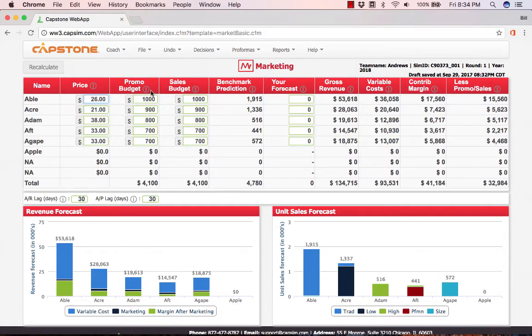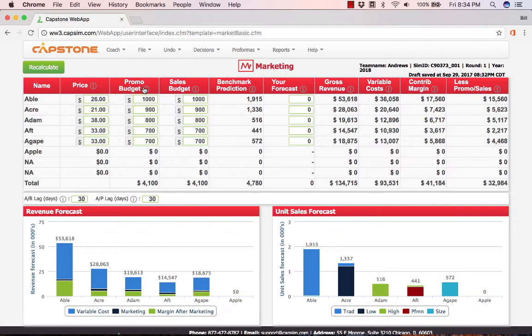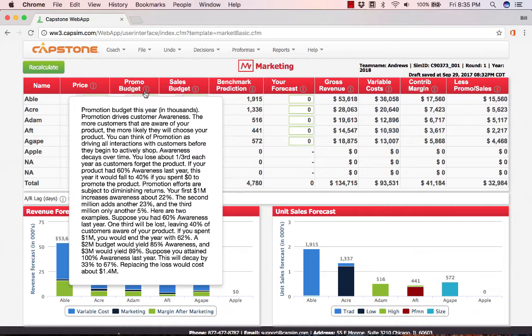Now, there are some kind of rules for this. You can read this if you want, but what I'll tell you quickly is that you have to spend a minimum to have any real effect, and there's a diminishing return. So, for about each $1.5 million that you spend, you're going to get about 23%.